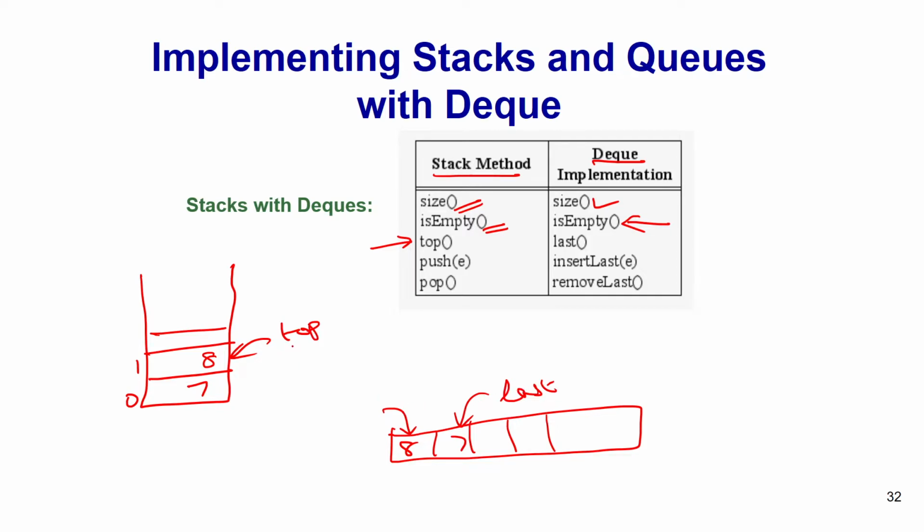So the top method returns the element which was entered last, and the last method returns the data which was entered into the deque last.